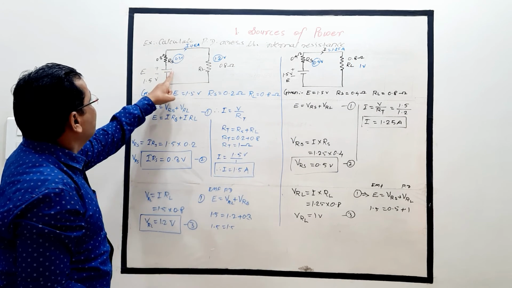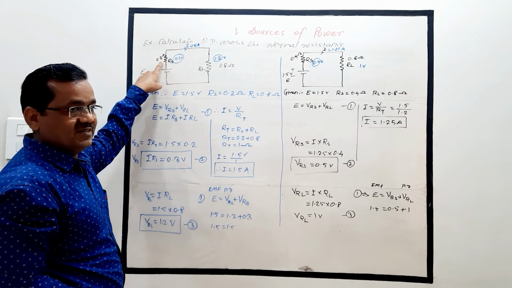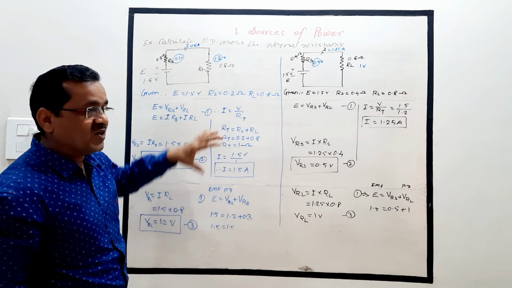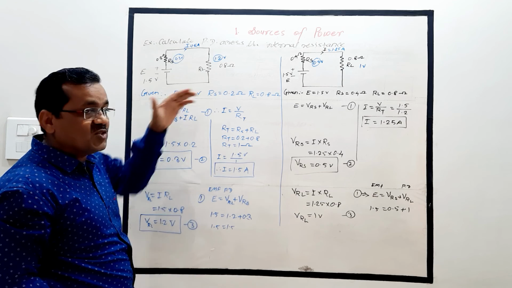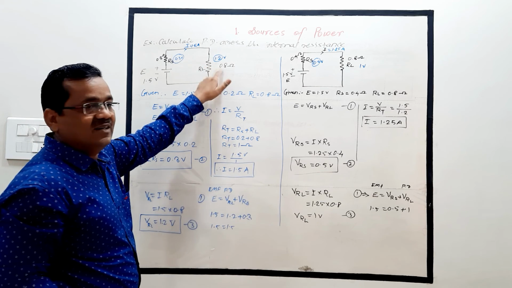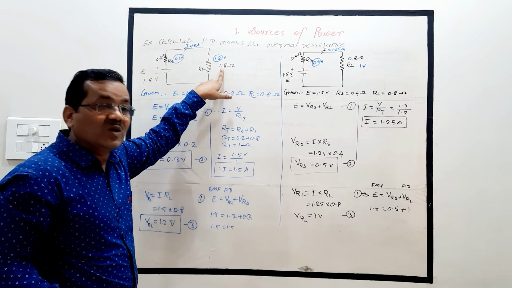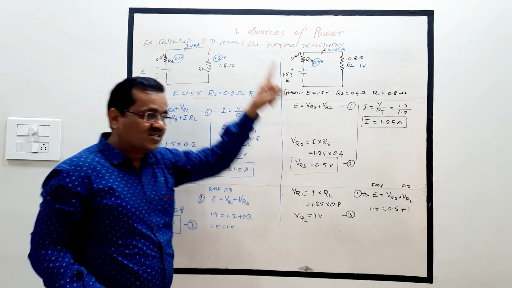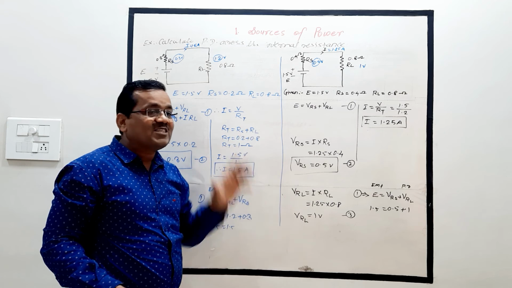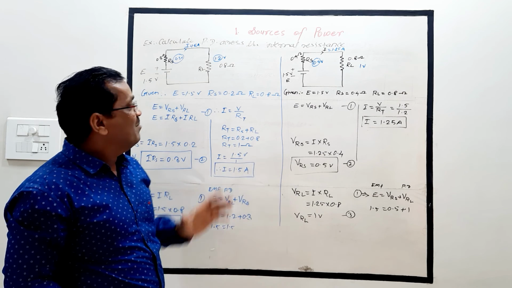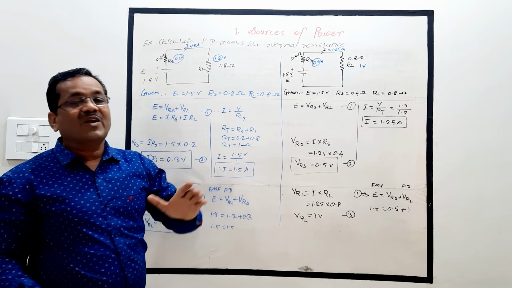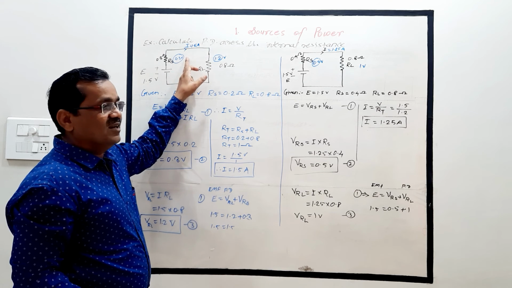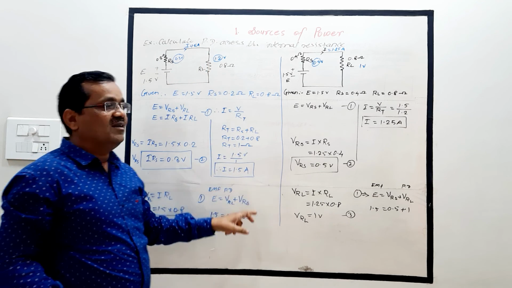That means as the value of RS increases, the potential drop across the internal resistance also increases, and that reduces the potential drop across the load resistance. As we increase the internal resistance, leakage will be maximum. That's why the output we are getting will be minimum. So as we increase the internal resistance, the potential drop across the load reduces.